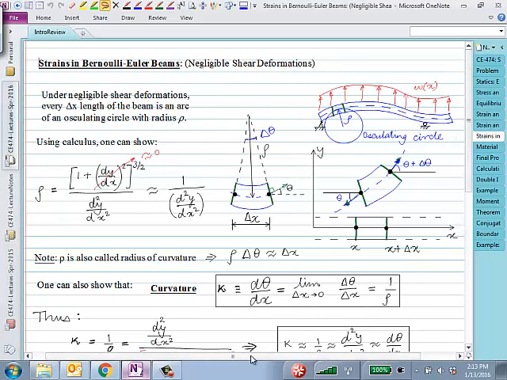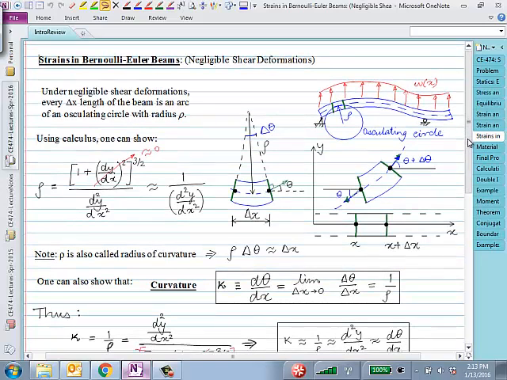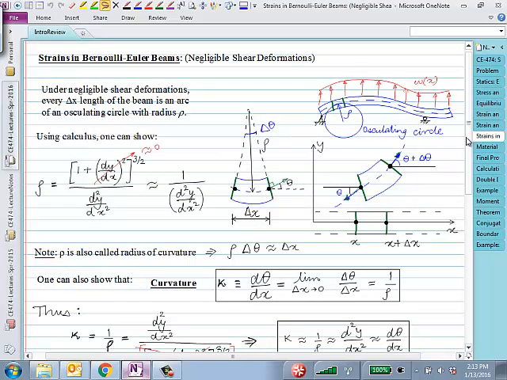So with this, some more basic relationships about the strains in Bernoulli-Euler beam theory. As I said, we'll be focusing on Bernoulli-Euler beam theory, where we assume that the shear deformation is negligible. And in this case, for beams, the fundamental quantity of strain is really curvature.